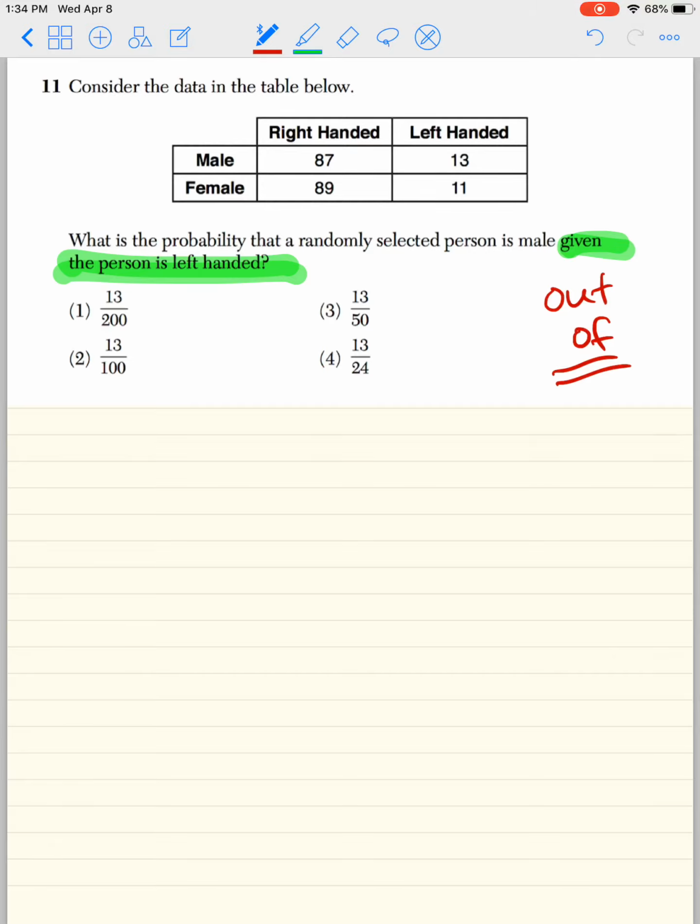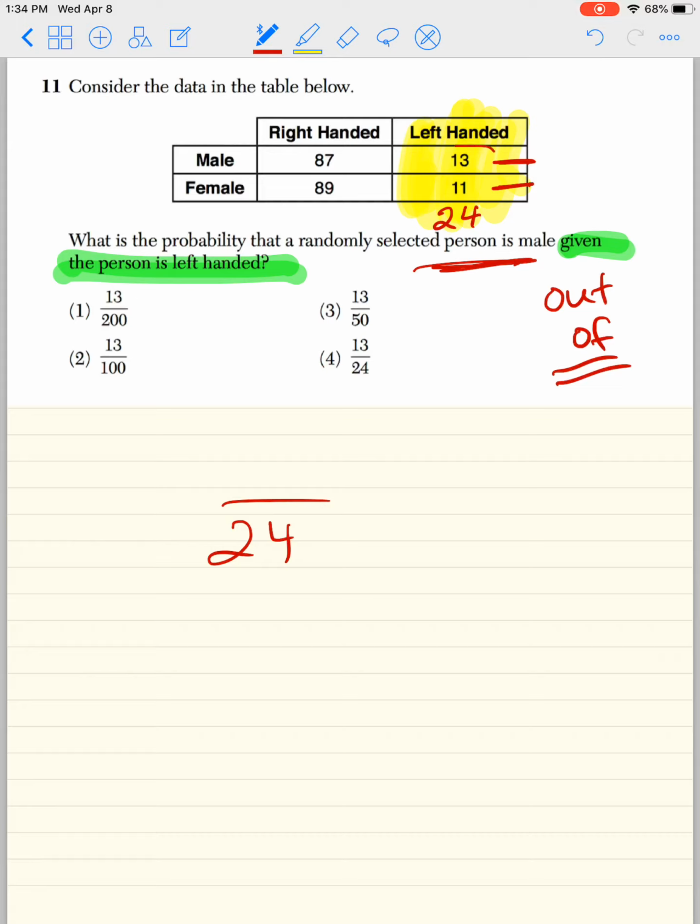So we're going to have to, let's highlight, I'm going to get yellow. Out of these people, so who's there? Either 13 or 11, or maybe both of them. Okay, so given, so out of, this is going to be 24. So out of the 24, given the person is left-handed, what's the probability the person is a male?